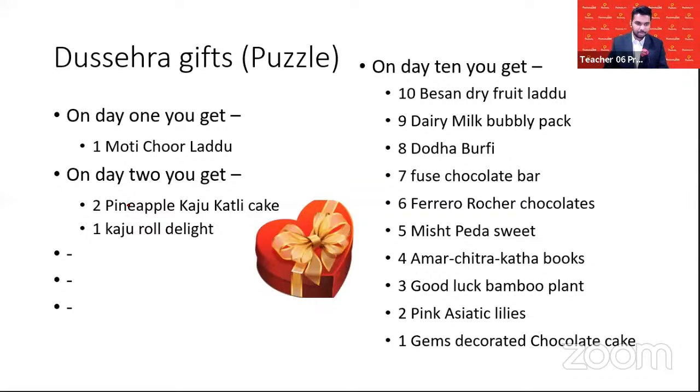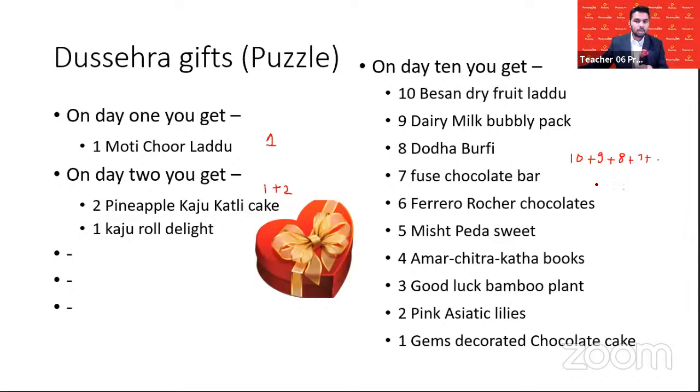So let us see if there is some pattern in which these numbers are progressing. He got one gift on the first day. He got 1 plus 2 gifts on the second day. And on the 10th day, as per the statement, you can see 10 plus 9 plus 8 plus 7 plus etc. This goes on up to 1.